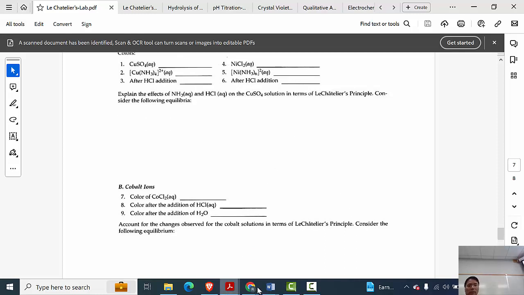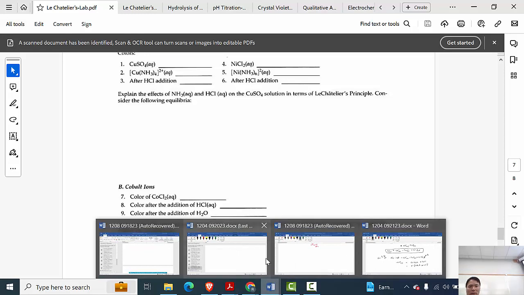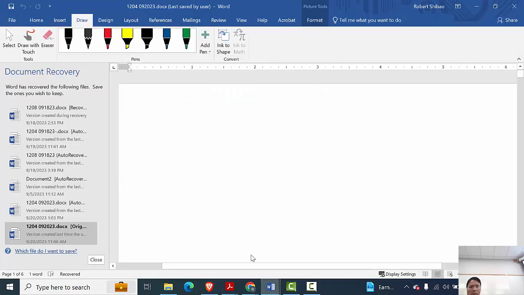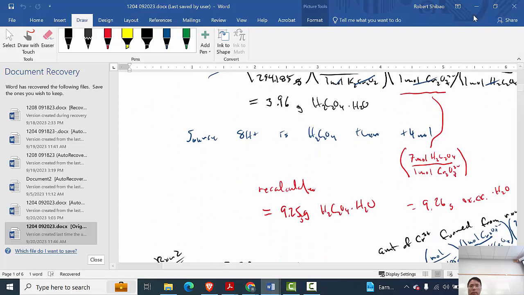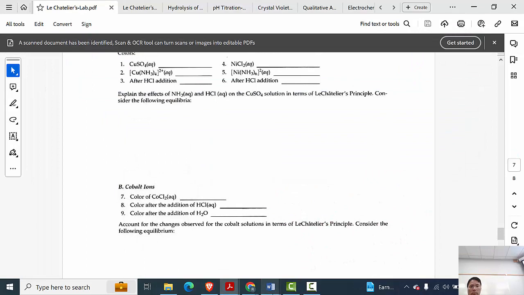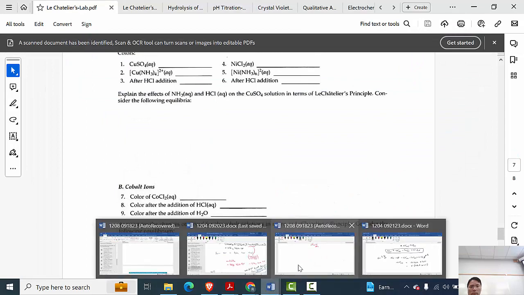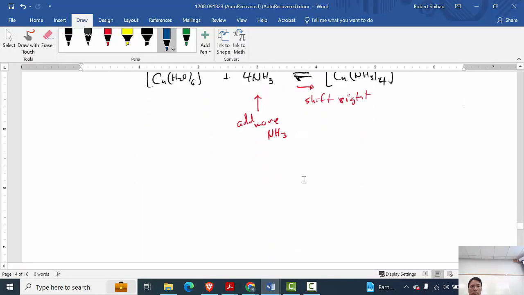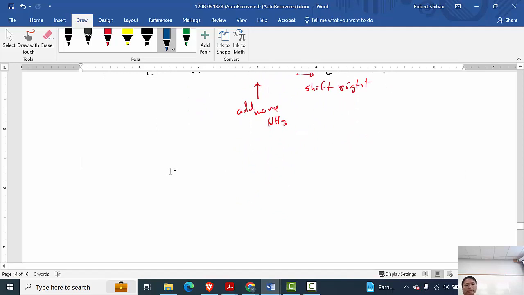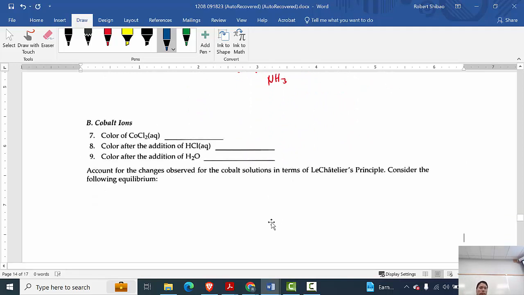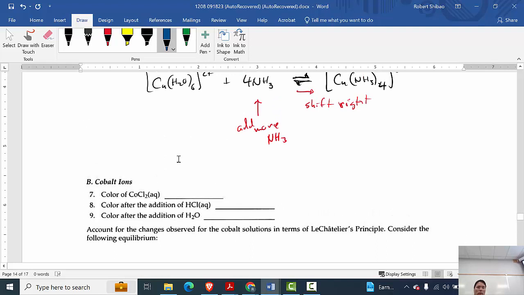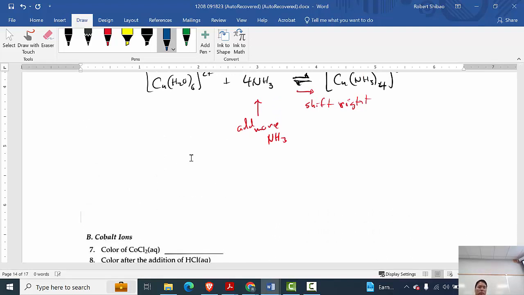But nickel would just be the same thing, essentially. So we're just going to continue. If we were to do nickel, we'd draw out the same kind of diagram reaction.